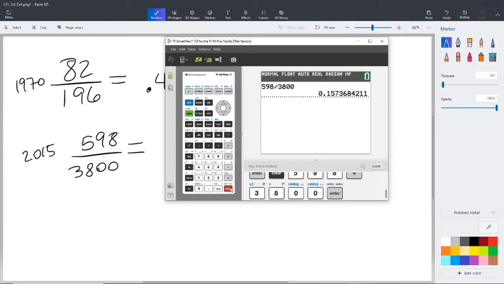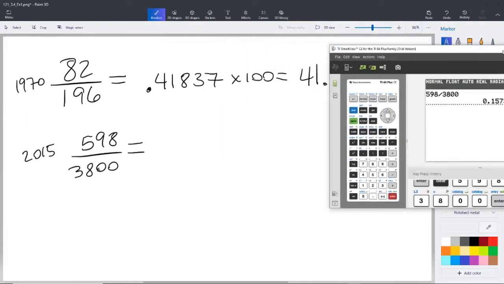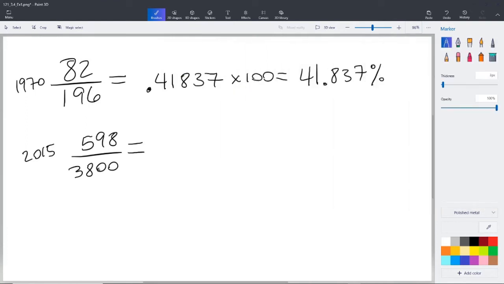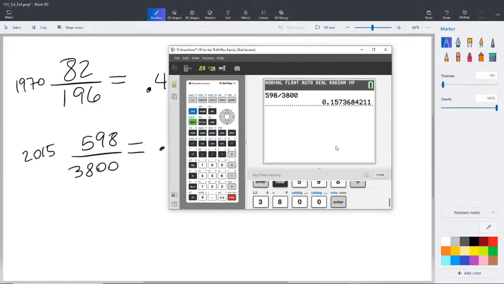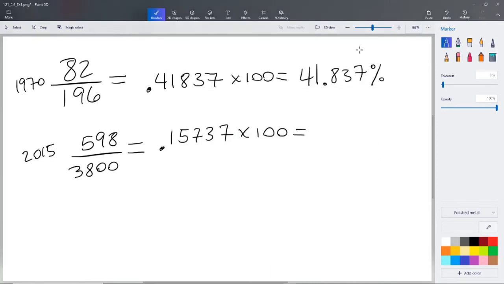And that equals 0.15737. We'll multiply that times 100 to get our final answer here: 15.737%.